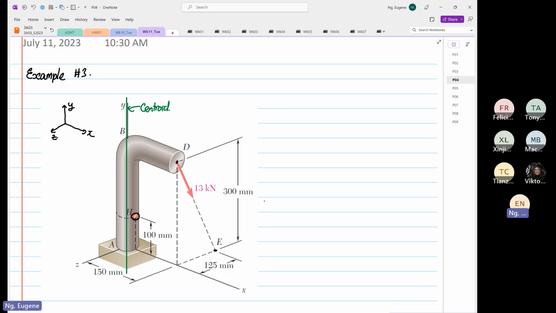The force of 13 kilonewton is applied at an angle. So now, if it's an angle, we have to break it down into its components.